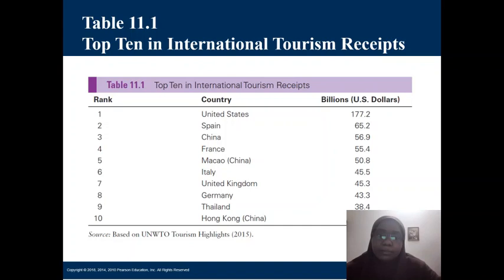This is just to show us the top 10 international tourism receipts, for us to be able to understand properly that tourism really generates a lot of revenue for many countries.